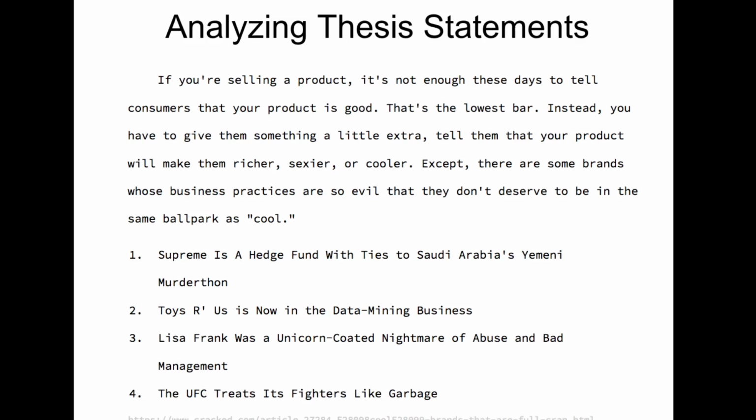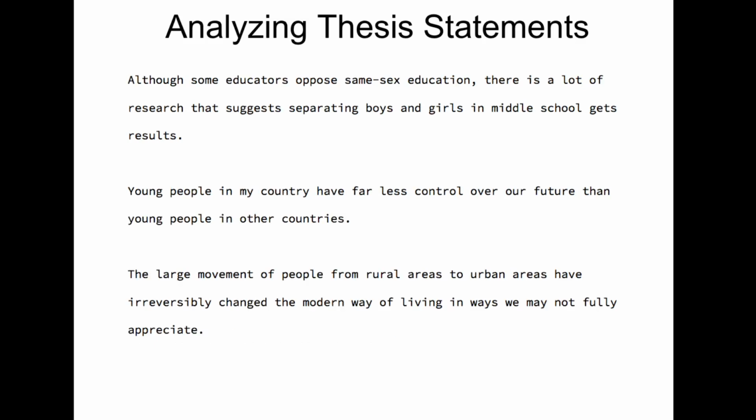So as an example of how much the thesis statement tells us, how good it is at indicating the whole essay, or the writer's idea, let's look at 3 examples of thesis statements. So, although some educators oppose same-sex education, there is a lot of research that suggests separating boys and girls in middle school gets results.